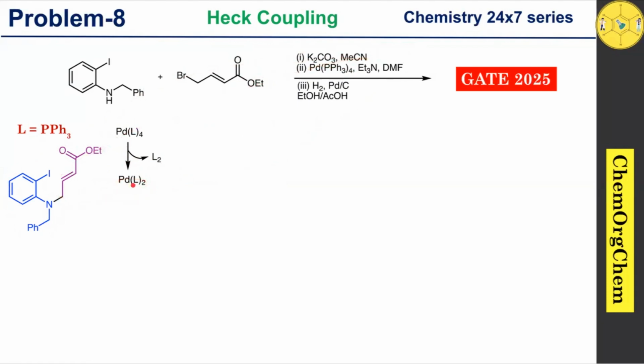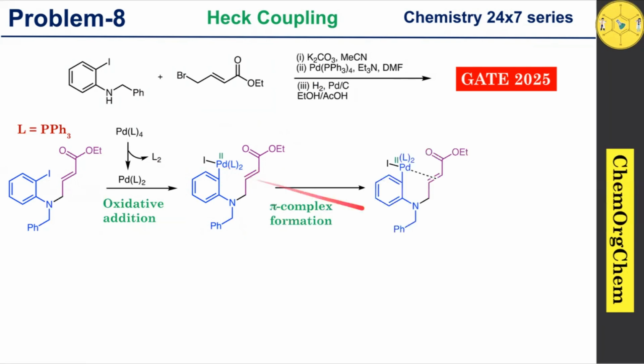So this is our product from the first step of the reaction. Now this palladium zero species readily inserts into the carbon-iodine bond in this product, which produces the corresponding intermediate by oxidative addition. Now this complex readily forms a pi complex with this alkene to produce this intermediate.